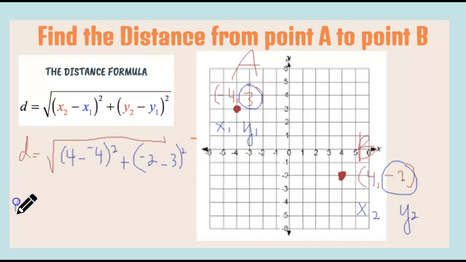And then we're just going to solve it using your background on adding and subtracting integers. So 4 minus -4, that is 16. Wait, what am I saying? That is 8. I'm already multiplying. My bad. Sorry. That is 8, because it becomes 4 plus 4 and squared. Oh, I made a mistake too.